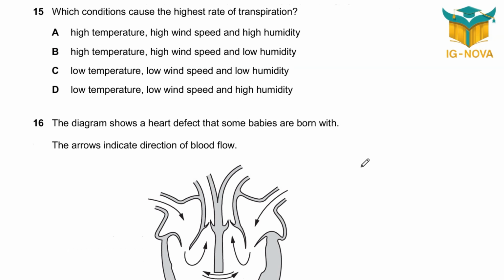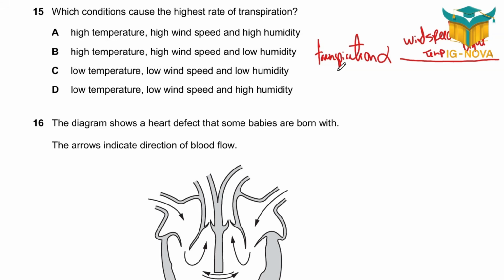Which conditions cause highest rate of transpiration? Transpiration is related to, go back to my previous videos, wind speed, temperature, and light. If you ask any math teacher or physics teacher, this relationship means transpiration and these are directly related. And here humidity.